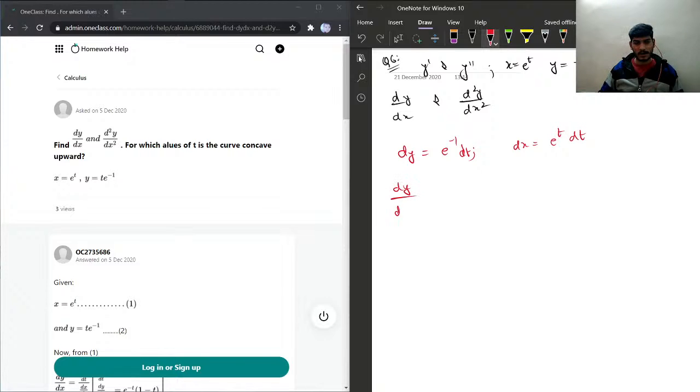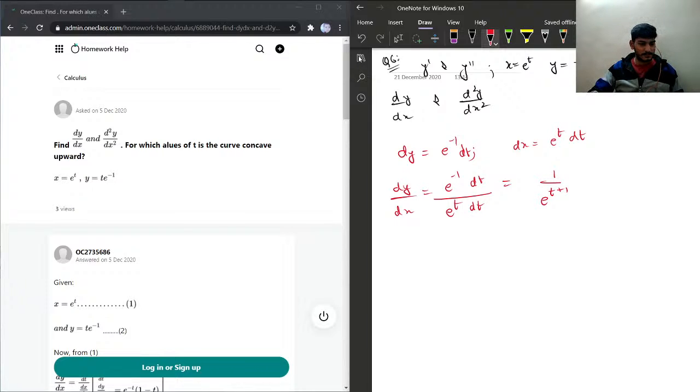So my dy by dx will be e power minus 1 dt over e power t dt, which will be 1 over e power t plus 1.